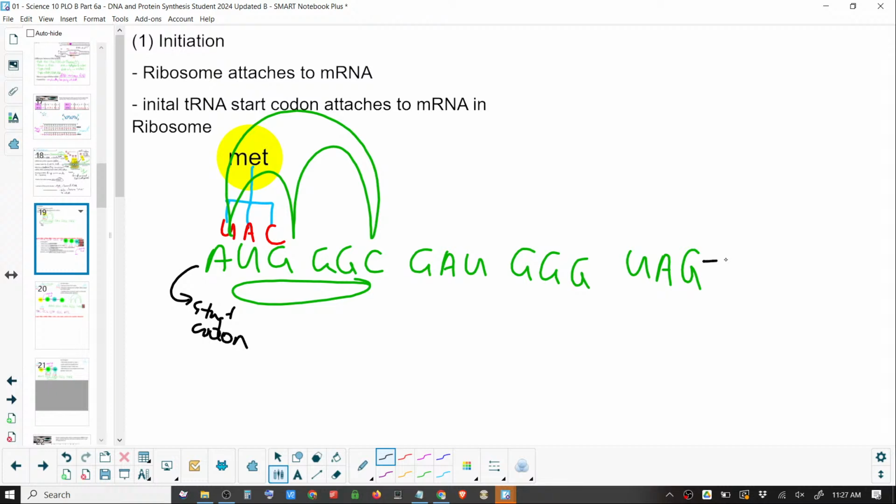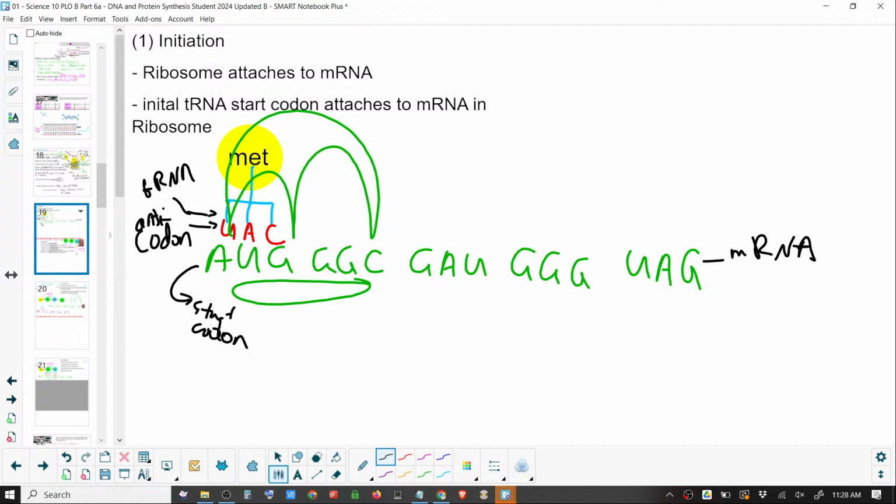This is mRNA. This is the tRNA. That's the anticodon. No, you're not writing this down. You're just looking.